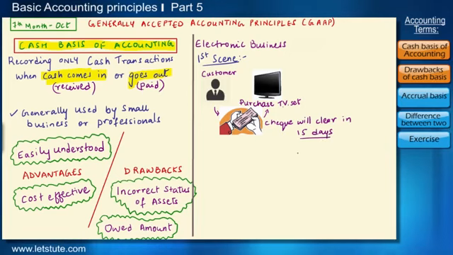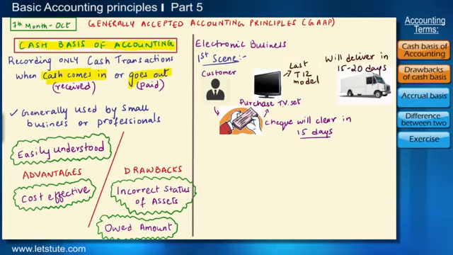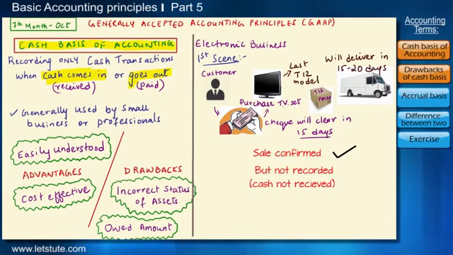And the television set will also be delivered within 15 to 20 days. Now, this was the last piece available for that model of television. The television set is packed and it is kept aside for delivery. So the sale has been made, but according to the cash basis of accounting, the sale will not be recorded as cash or money from the customer has not yet come in.